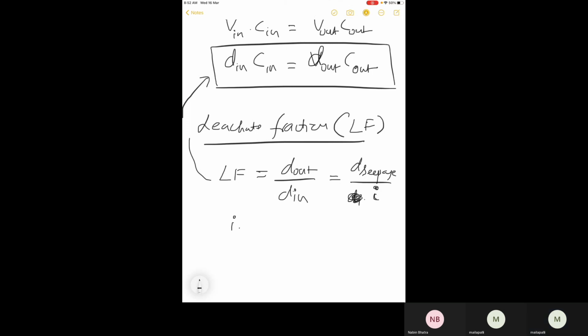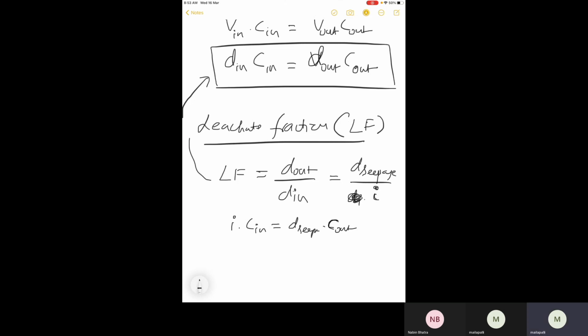I into C in is equal to D out, or you can say D seepage, into C out.